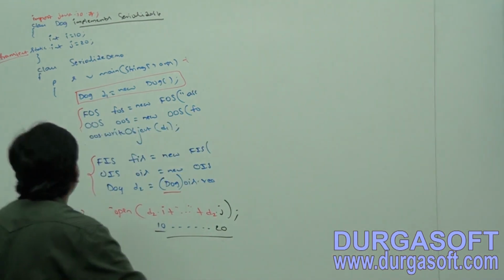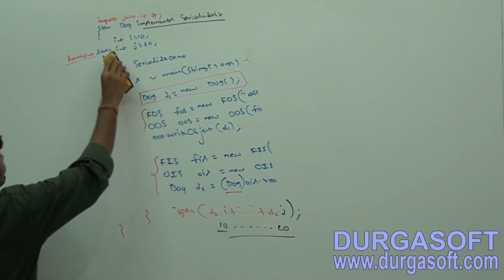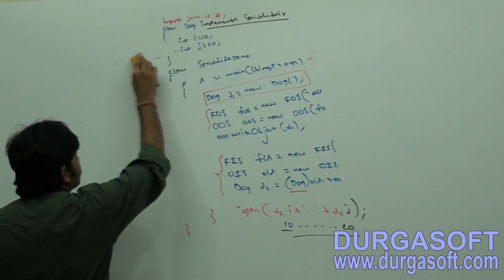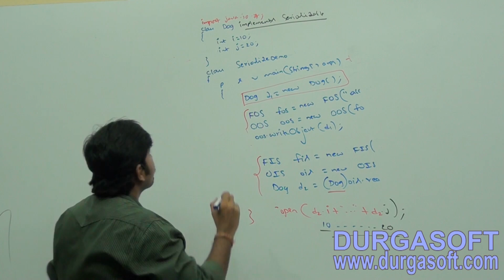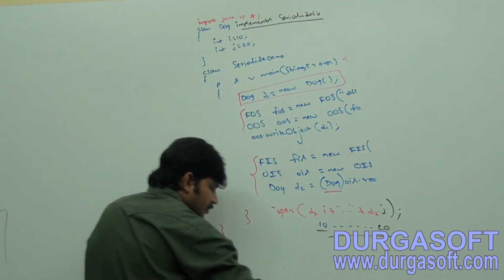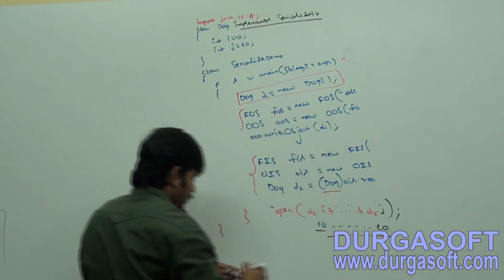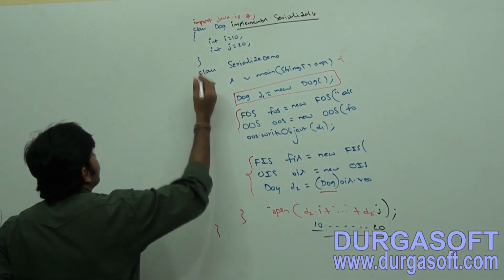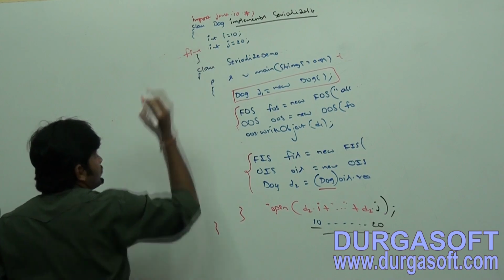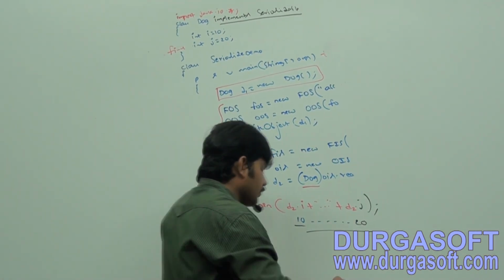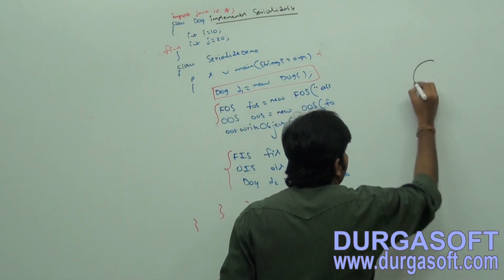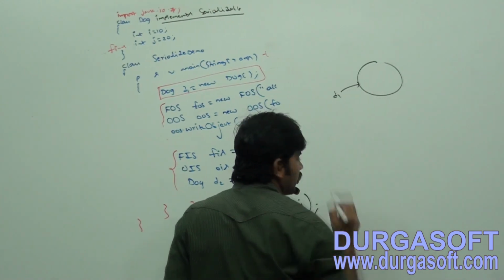Sir, I'm taking int i, int j. Let me take j as final. Sir, I am creating a Dog object. Do you know?